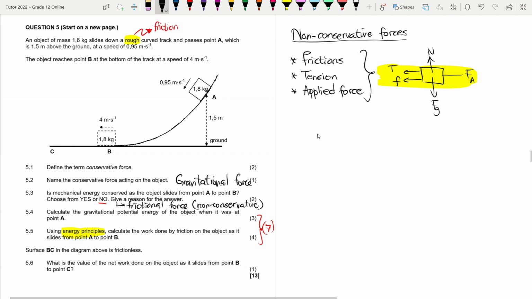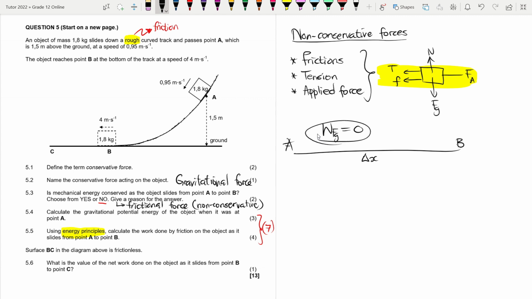For example, if I go from A to B like this, the work done by the applied force is going to depend on the change in x. The work done by tension and friction is the same, but the work done by Fg is not going to depend on change in x. It's going to be 0, actually, because this is a level plane.